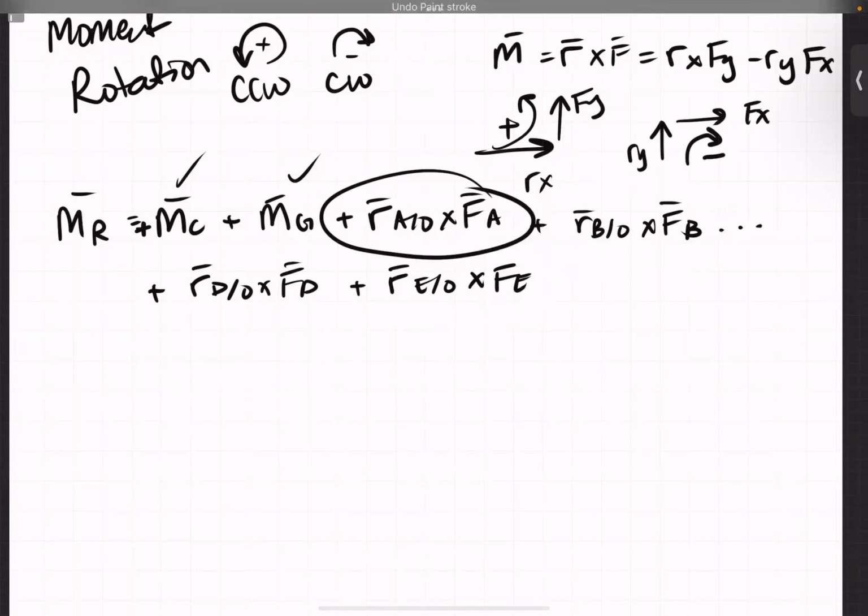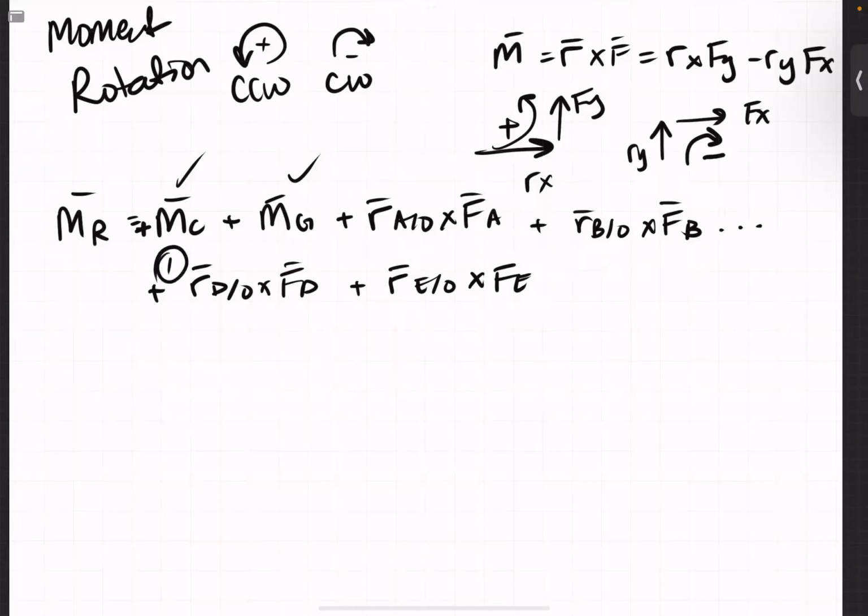We are going to start from easiest to hardest. The easiest is D with respect to O. All the components are already perpendicular. The second ones we'll do is where one of them is horizontal and vertical. And the third difficulty is a moment arm with X and Y components and a force with X and Y components.